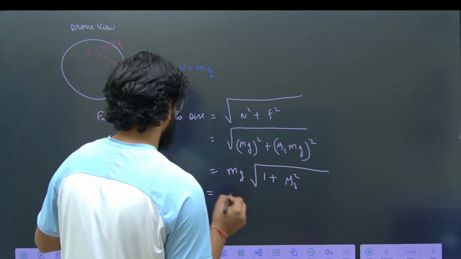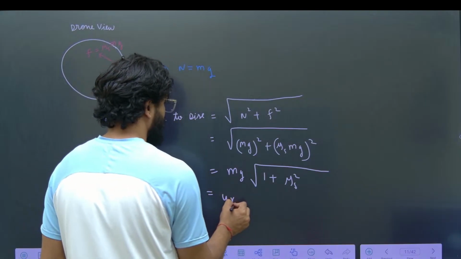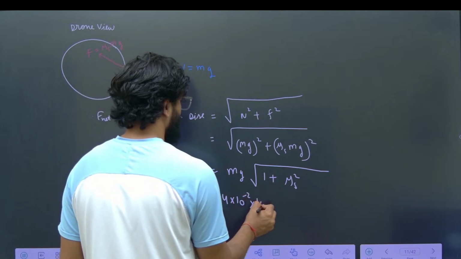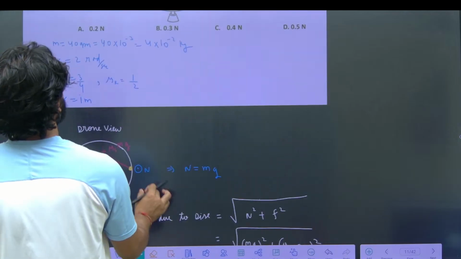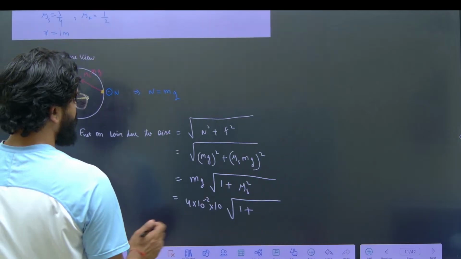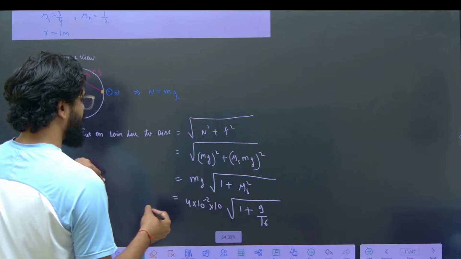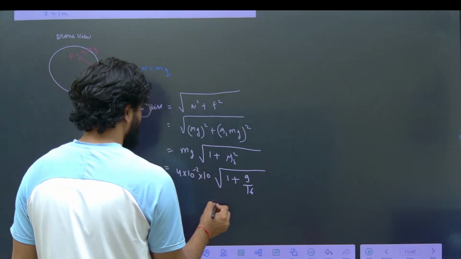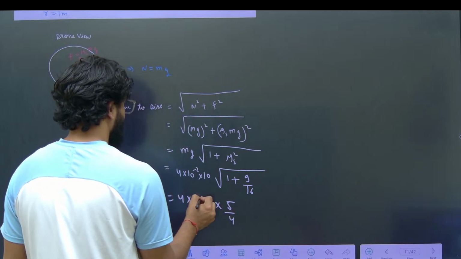I think we know the value of m, which is 4 into 10 power negative 2. So 4 into 10 to the power negative 2 into 10, and the value of mu s, it was how much, guys? 3/4. Right. So it is 9 upon 16. So when we calculate, it's a very beautiful number, 5/4. Okay, and it is 4 into 10 power negative 1.